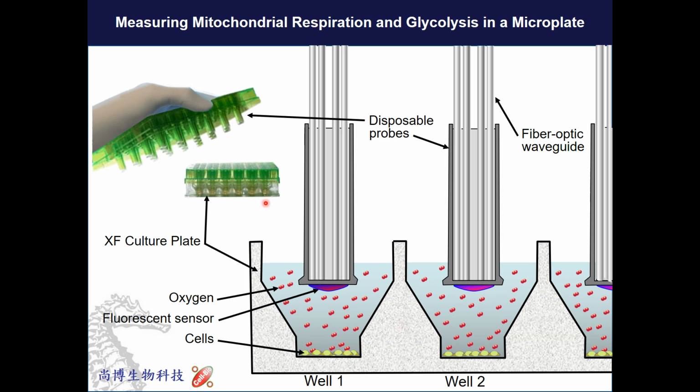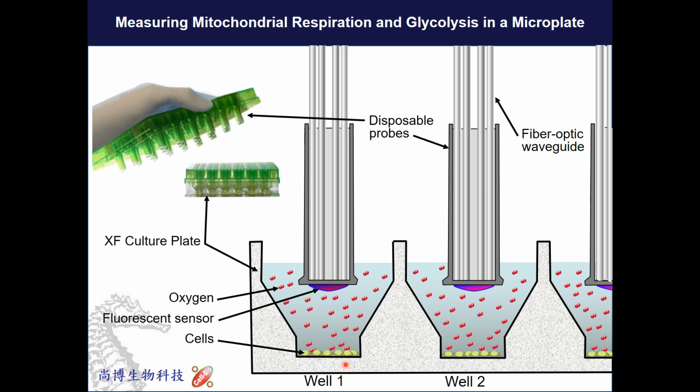And then the bottom one is for cell culture. We will prepare our cells in the bottom of the cell culture plate. If your cell is an adherent cell, you just culture it in the bottom. If your cell is a suspension cell, we have a formal protocol for you to attach your suspension cell to the bottom.